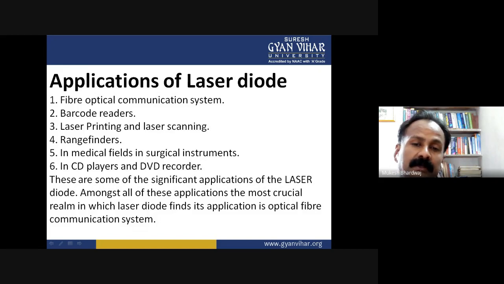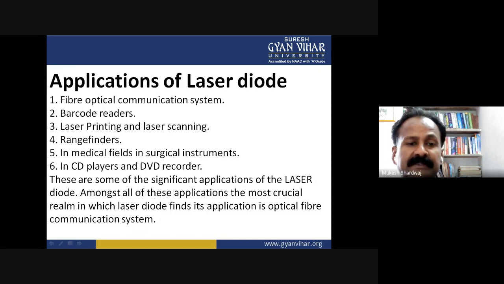Barcode readers: you have seen that there is a very high use of barcode readers in big malls and shopping arcades, where at the time of billing they just put the barcode reader on a particular item which you purchase, and the details are captured by that barcode reader, and the light which falls to read out the barcode is laser light.